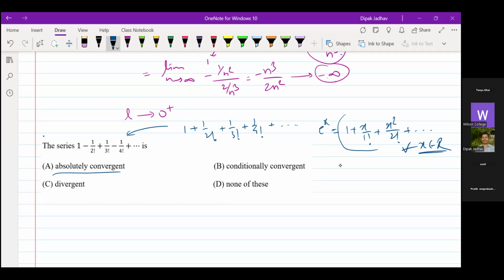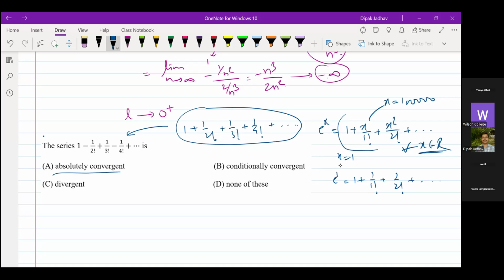Whatever x you plug in, x can be 1 lakh or 0 or anything. If you substitute x equal to 1, you get e raised to 1 equals 1 plus 1 upon 1 factorial plus 1 upon 2 factorial and so on. So this expression is exactly equal to the right-hand side except for the term 1 upon 1 factorial. So this is equal to e minus 1. Is it okay?